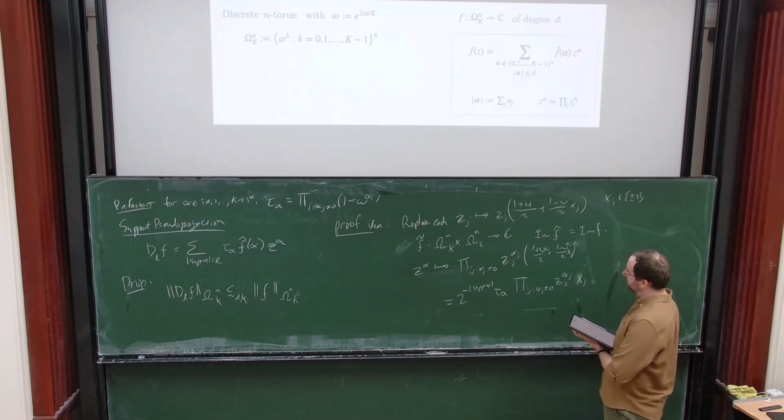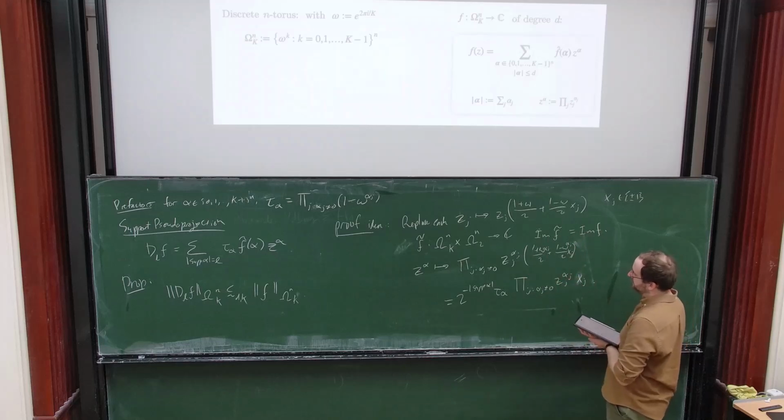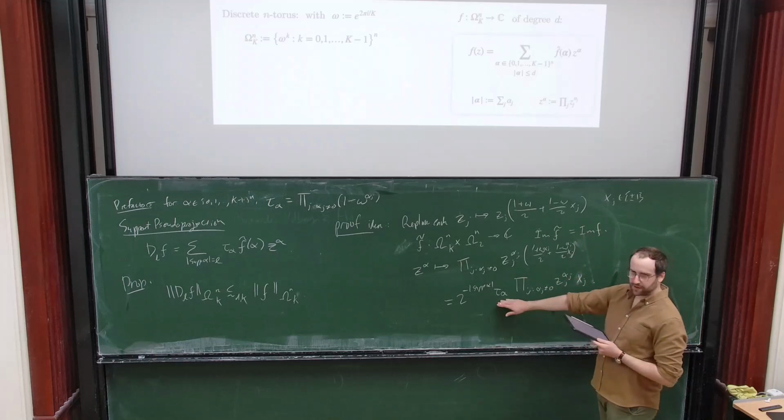So with this modification of f, we see these t alphas naturally appear.